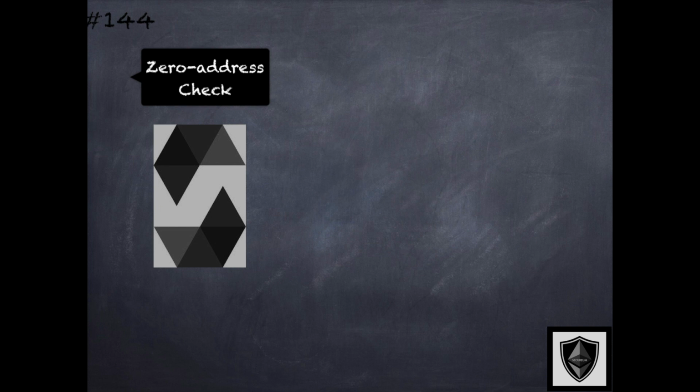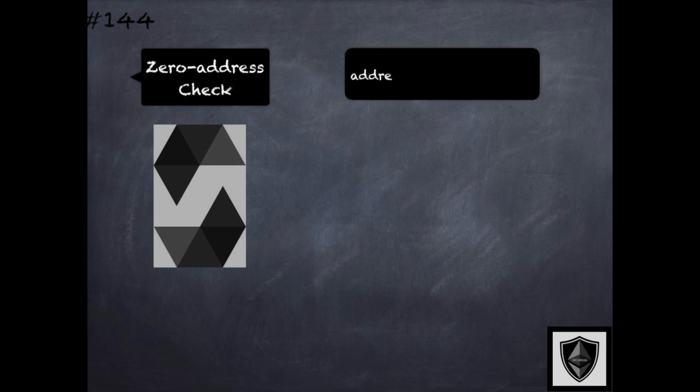Let's now talk about 3 categories of security checks that are relevant to some of the Solidity aspects we have discussed in this module. The first category is that of zero address checks.